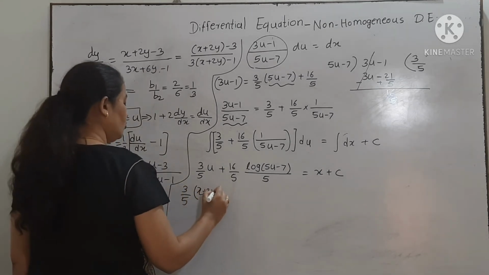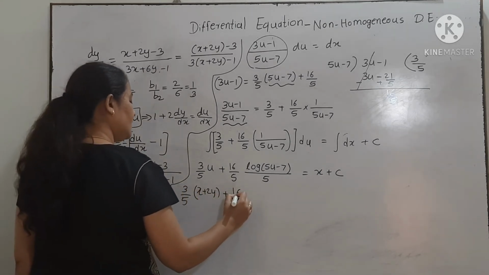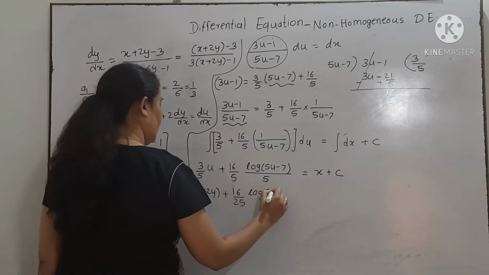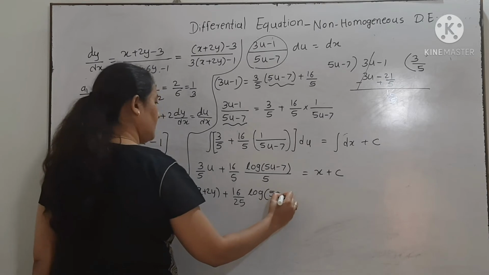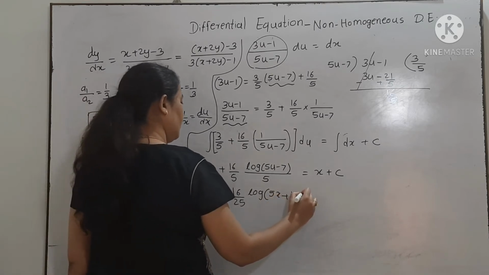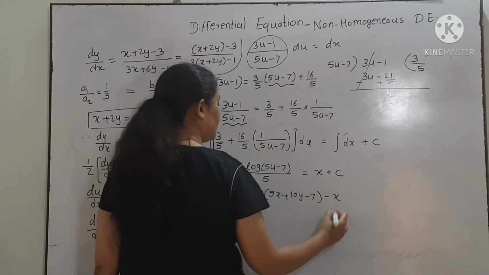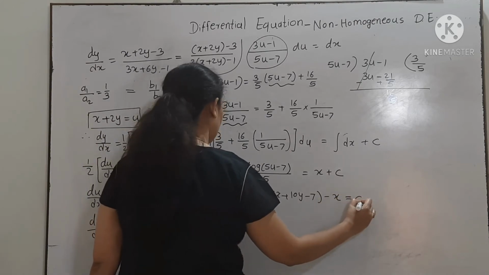So 3 by 5 into (x plus 2y) plus 16 by 25 log of 5x plus 10y minus 7 plus x. If I transfer to the other side, it is minus x equal to c.